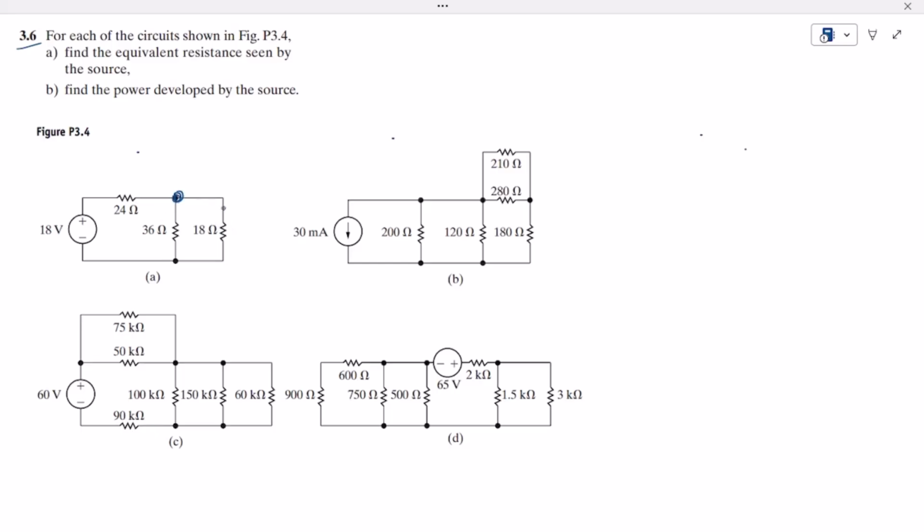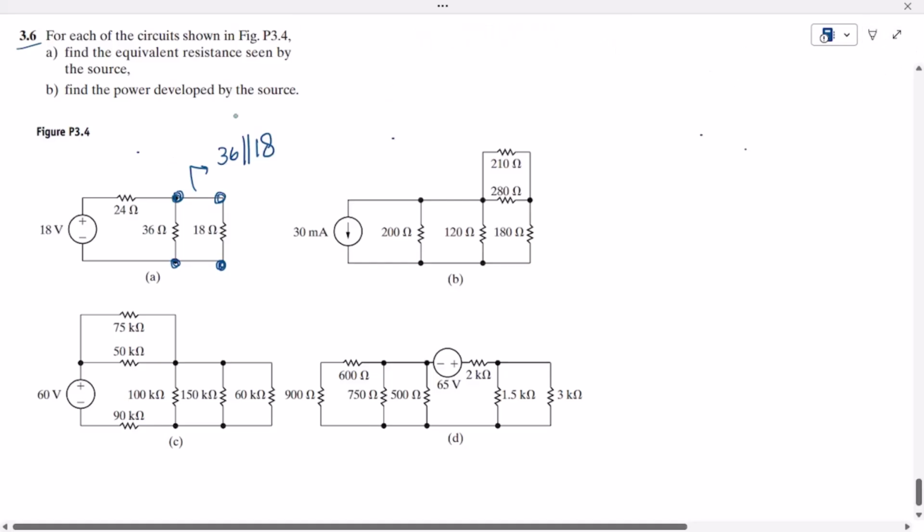The two ends of these two resistors are connected directly with each other, so they are in parallel. So 36 is in parallel with 18, and the equivalent of it will be in series with this 24.